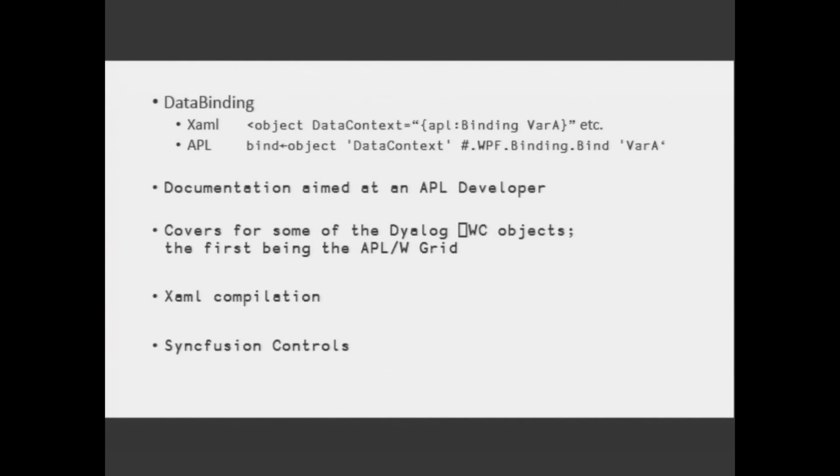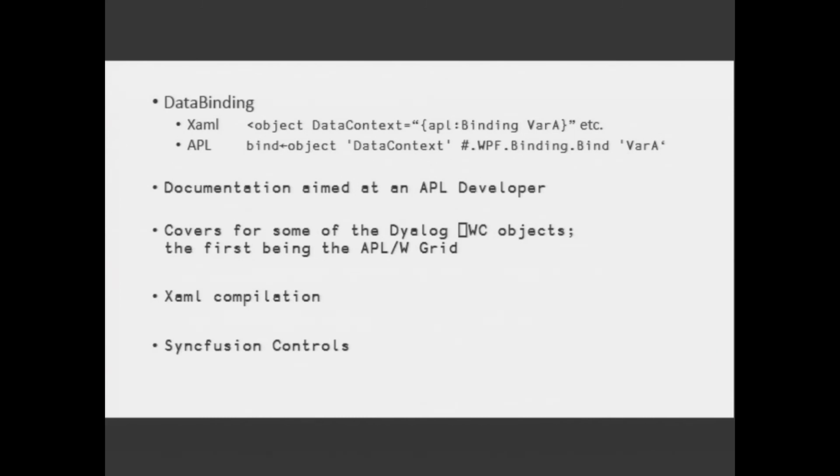And again, with data binding, you'll notice that the two up there, you can do it in APL, and you can also do it through XAML. And you'll see the data context line. Again, now that John's introducing his stuff, I was working with this all, and I was debating whether I could use John's stuff, but with 3 weeks before the conference, I thought, no, I'm not going to risk putting all this in.